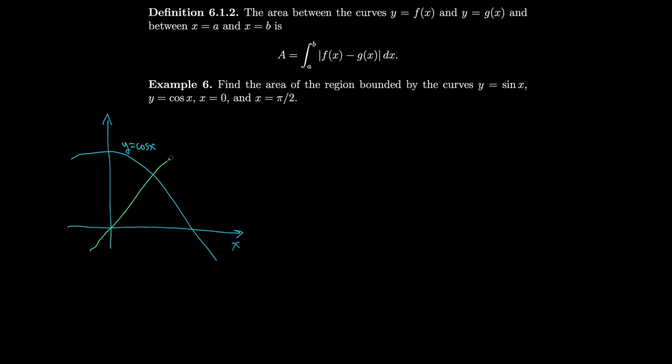And then maybe this will be y equals sine. Nope, it won't be. Try again. I want to get a little bit higher. I'm trying to make it look as symmetrical as possible. Okay, I think that'll do. So that's y equals sine x.